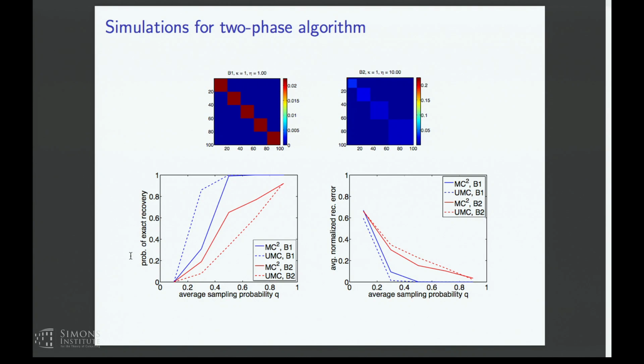And you see that for the completely incoherent matrix, uniform sampling does a little better, because uniform sampling is the optimal sampling probability when you're incoherent. So two-phase does slightly worse. But for the coherent block diagonal matrix, two-phase sampling does better than uniform sampling.